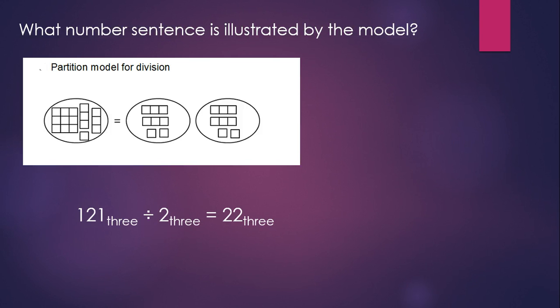This model shows 121 base 3 being divided into two equal groups. So it would be 121 base 3 divided by 2 equals 22 base 3. The 22 is the number in each of the equal groups.